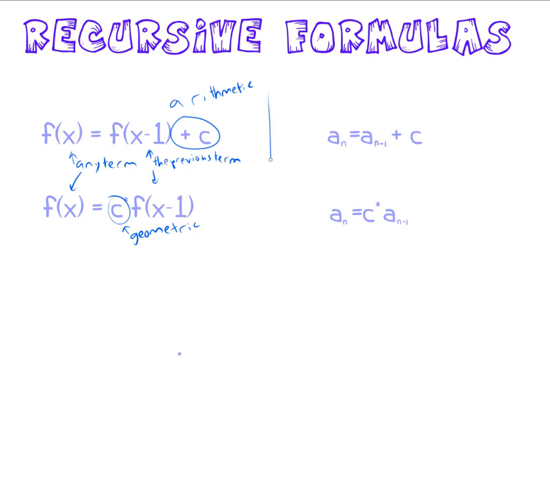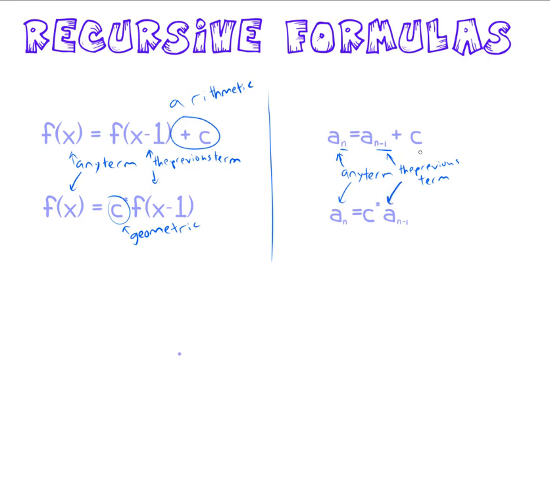Now, there's a whole other notation. This other notation uses a sub n, and it's the same exact thing. This is any term, and this is also any term. This is going to be the previous term, and you'll notice the previous term because it's n minus 1. So if this is n, let's say this were 4, this would be a sub 3, the third term, whichever term came right before it.